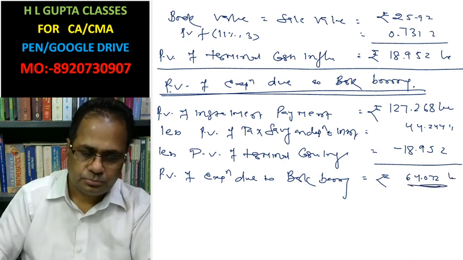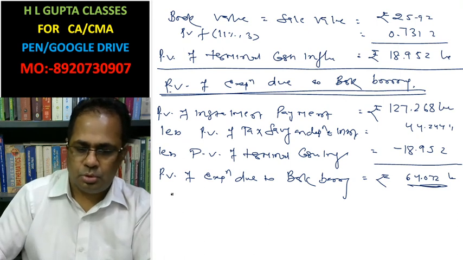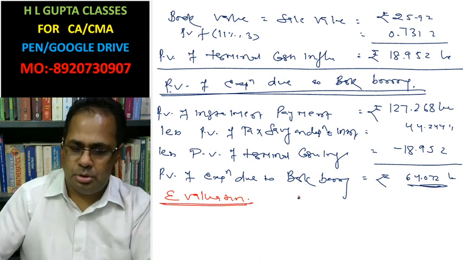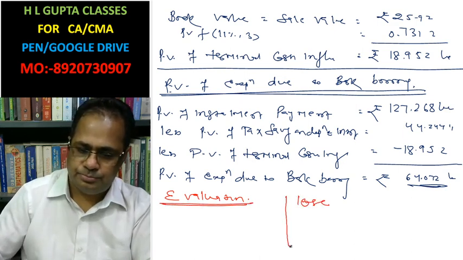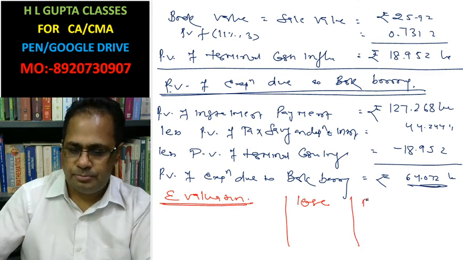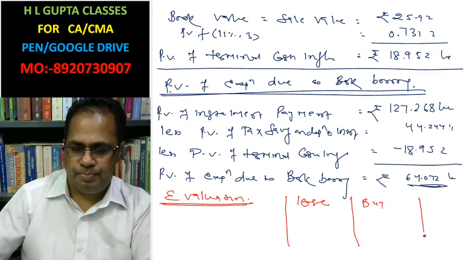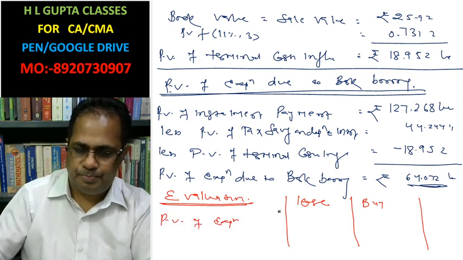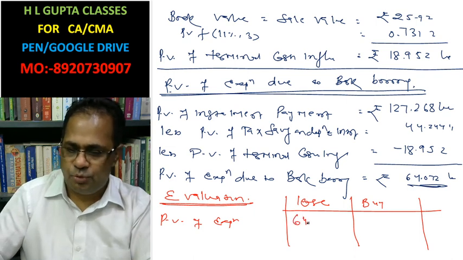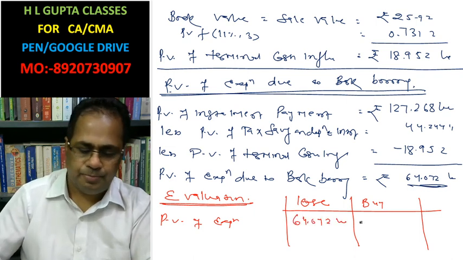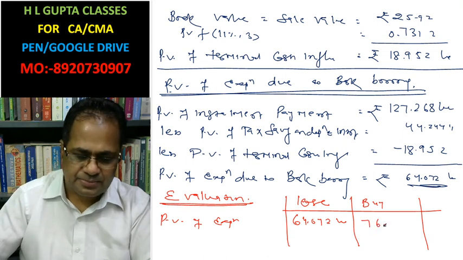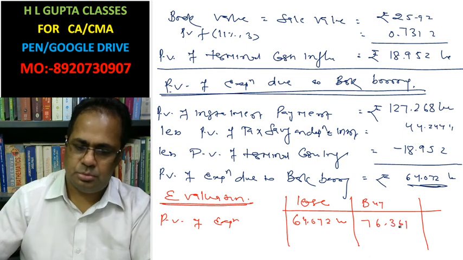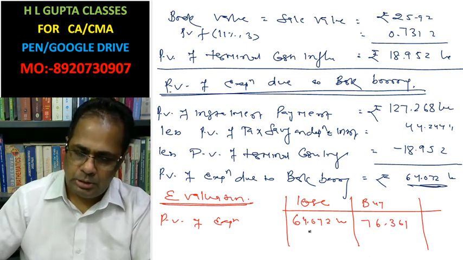Evaluation: lease versus buy. Present value of expenditure under lease is 76.361 lakh, and under buying it is 64.072 lakh.